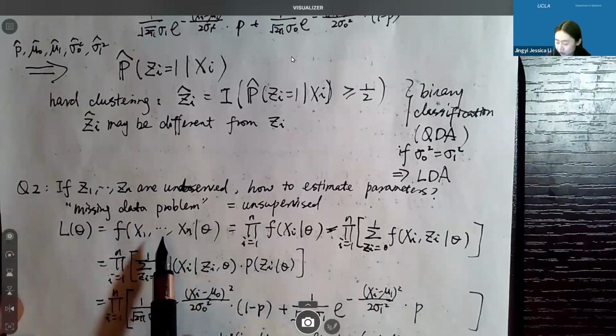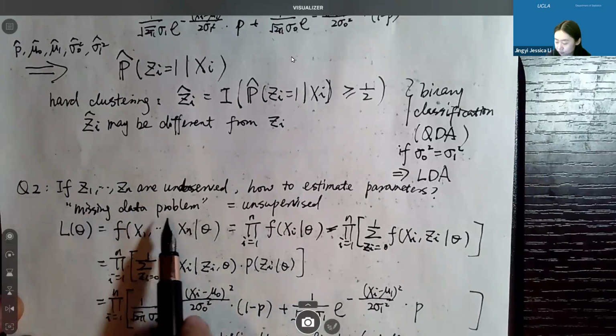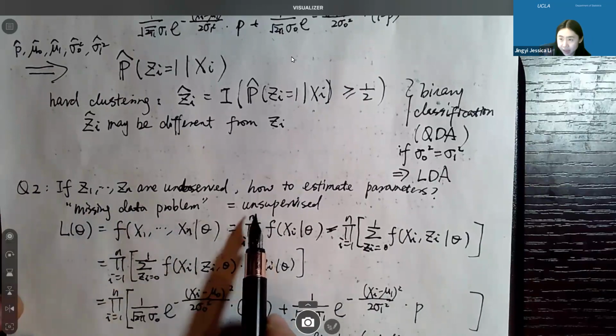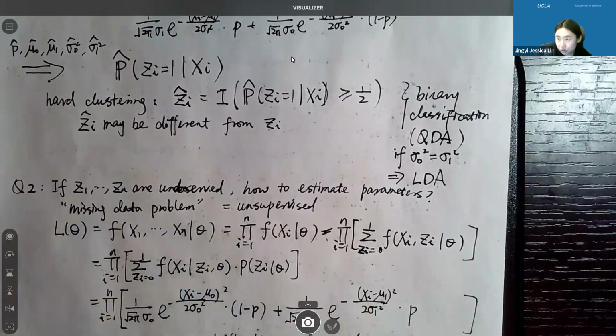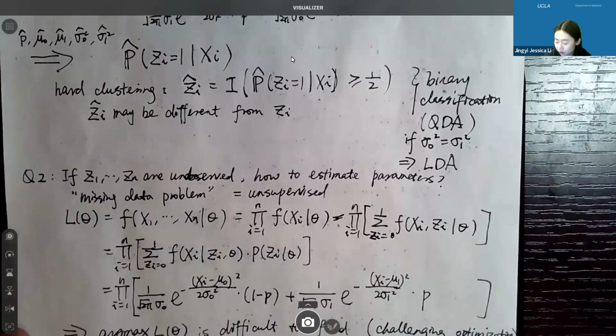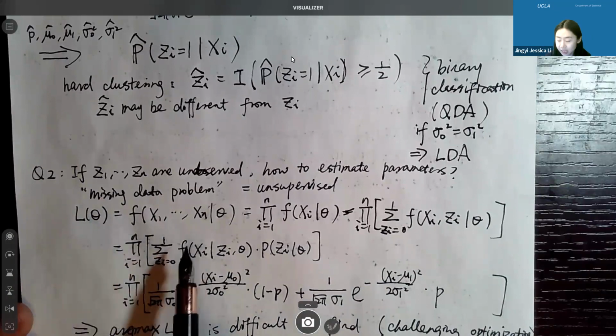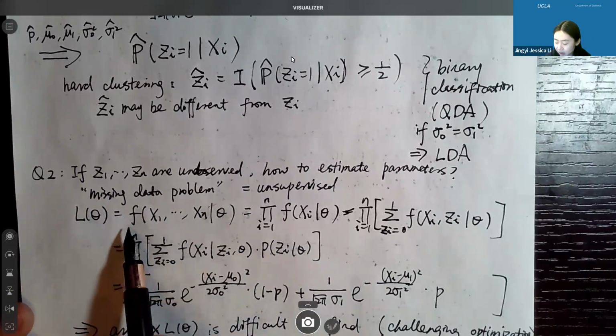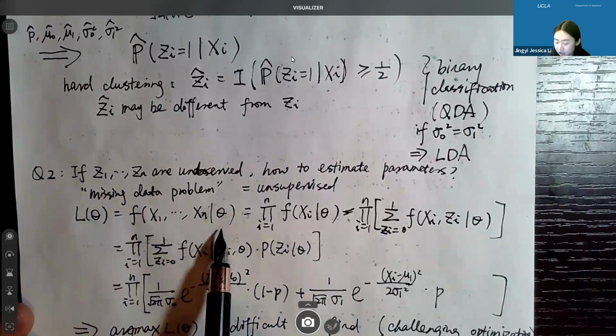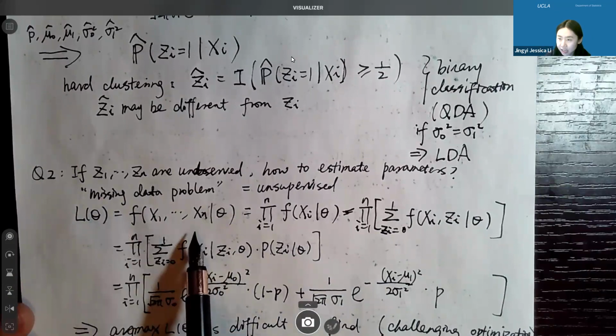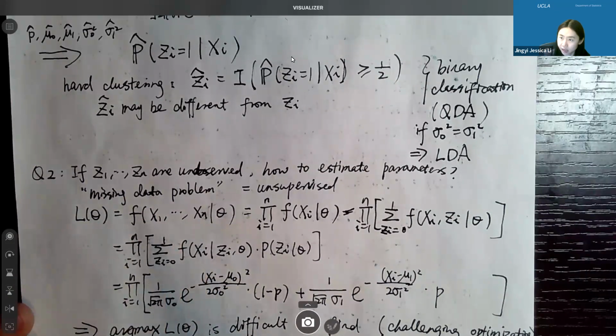So in this case, you have this missing data problem. You only have x1 to xn. Then how do you estimate the parameters? If you understand the likelihood of theta is defined as the joint density of data given theta, then here the likelihood should be changed to this joint density that is about x1 to xn only and not involving z1 to zn.